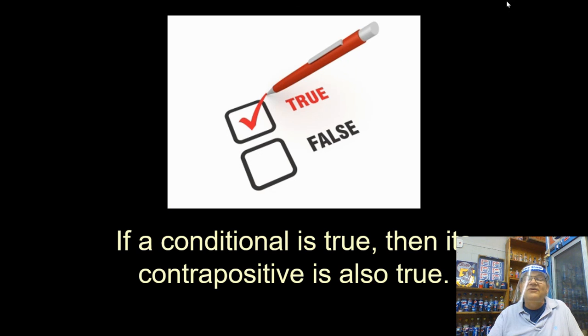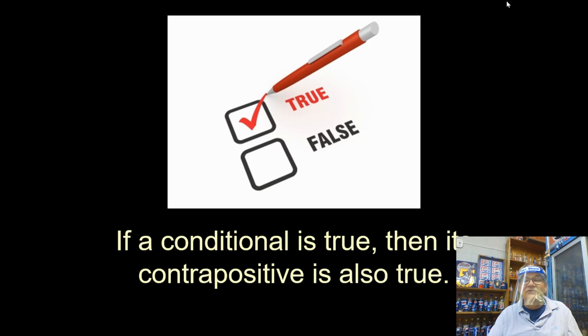It actually turns out that if you have a true conditional statement, the contrapositive will always also end up being true. That's always the case. You start with a true statement and you do everything possible to screw it up, you're going to end up with a true statement. It's almost like the negatives cancel each other out is what's really kind of happening in that process.